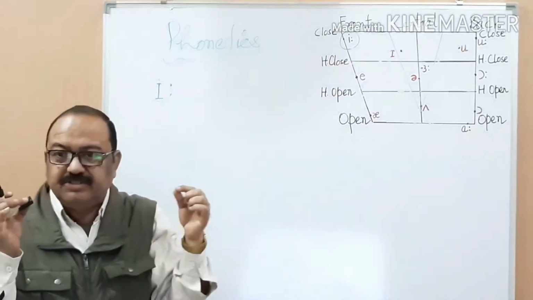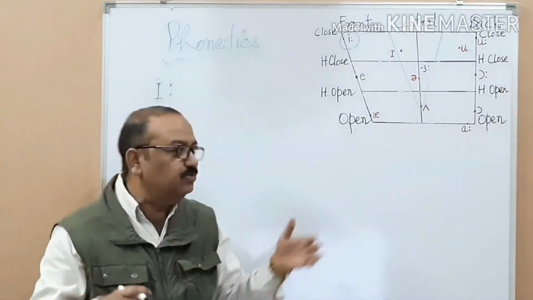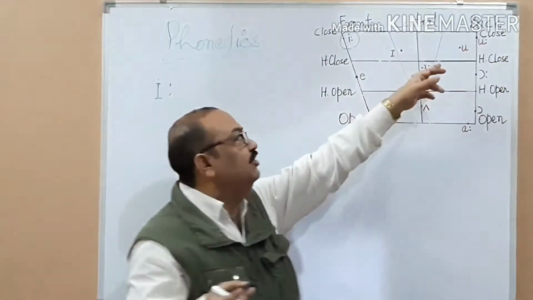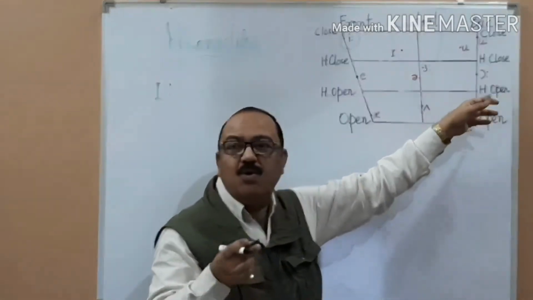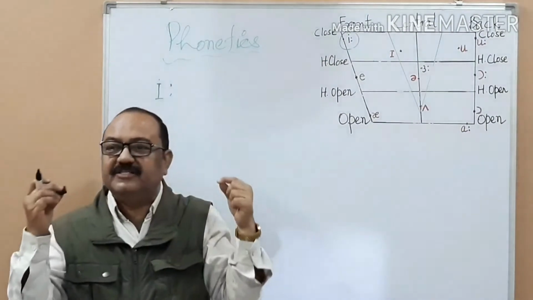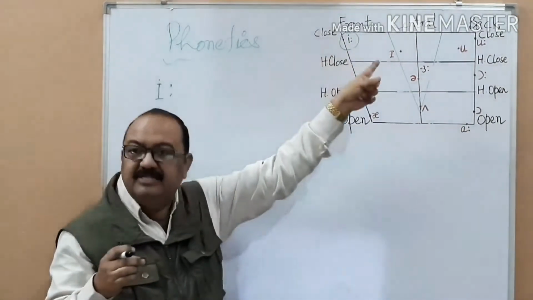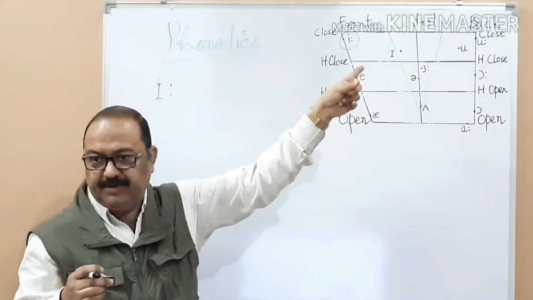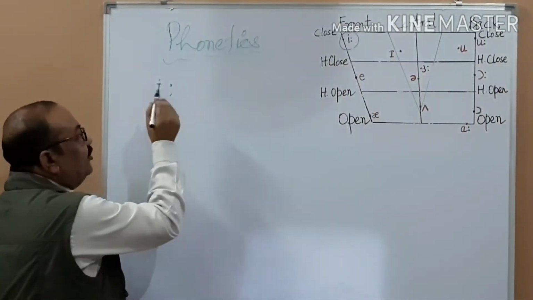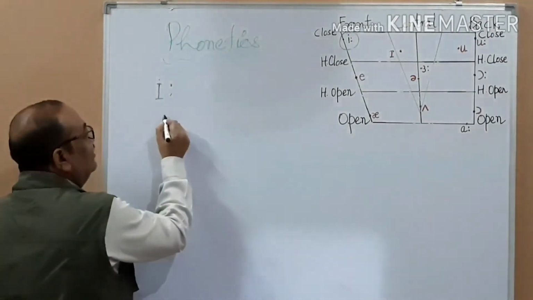Because your lips do not round. When I say unrounded or rounded: when you say oo, your lips are rounded. When you say o, again your lips are rounded. But when you say ee, your lips are spread. So this is a front close unrounded vowel, and this is the symbol for it. Where do you have this vowel? You have it in words like sheep.